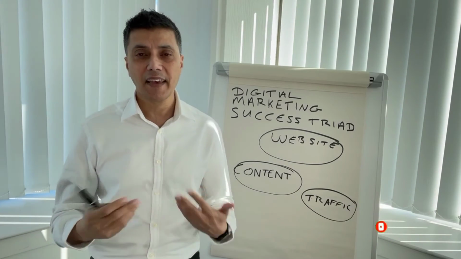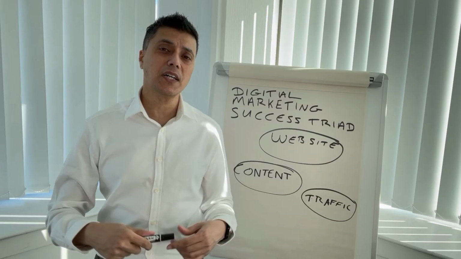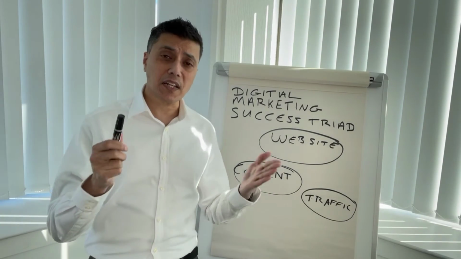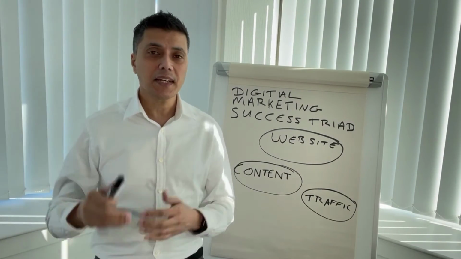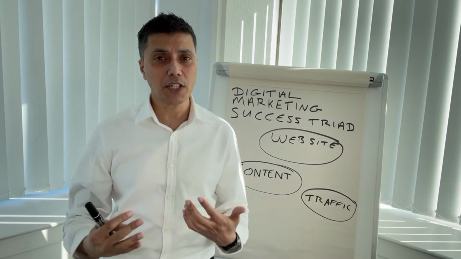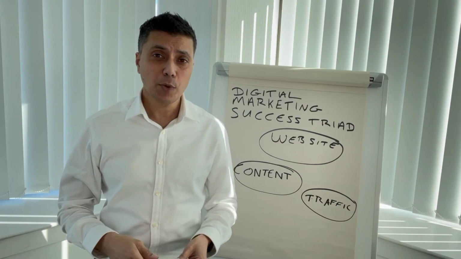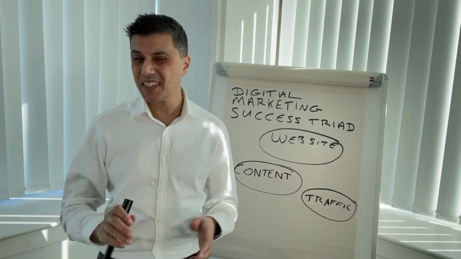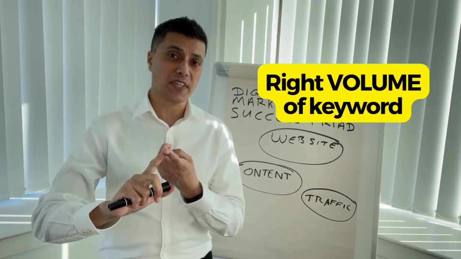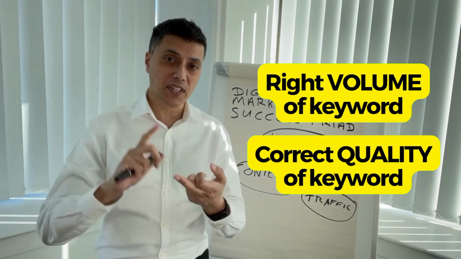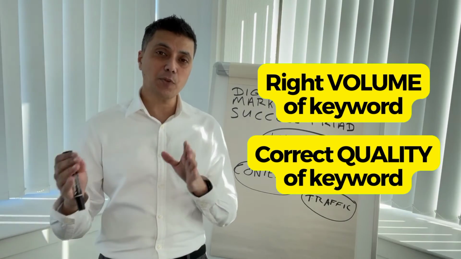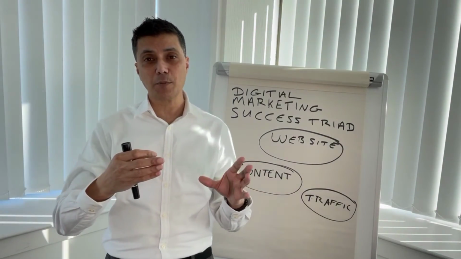In other words, for example, if I'm looking for a conservatory and I type in conservatory companies near me, that's got high buying intent, because the only people that will type that in is if they're looking to build a conservatory. Okay, but if I just type in conservatories, it's a little bit ambiguous. So make sure you've got the right volume of keywords, and the quality of the keywords is exactly what your audiences are looking for, because then you're making sure you're getting the right people ending up on your website.